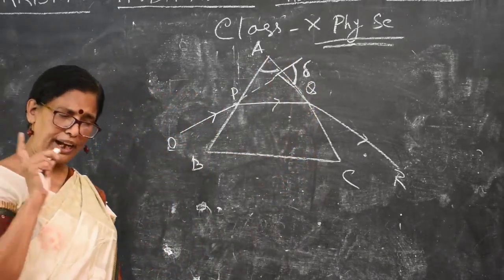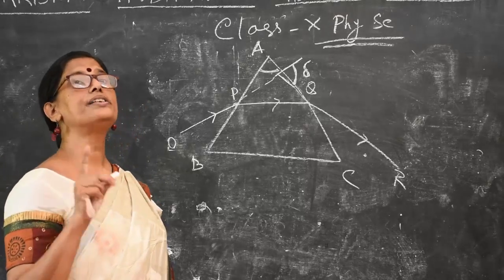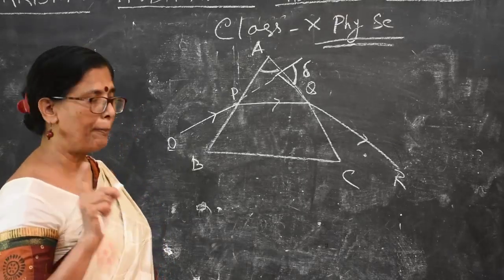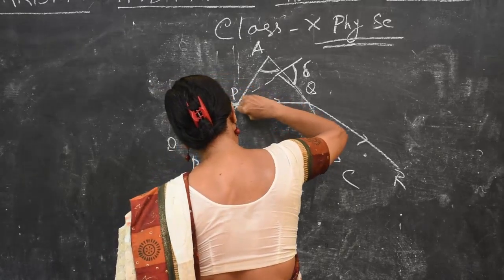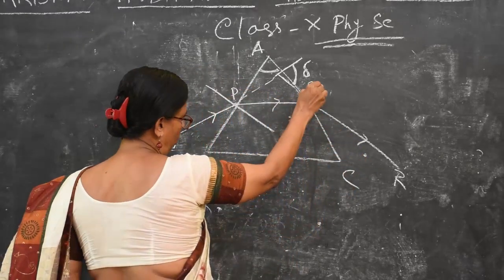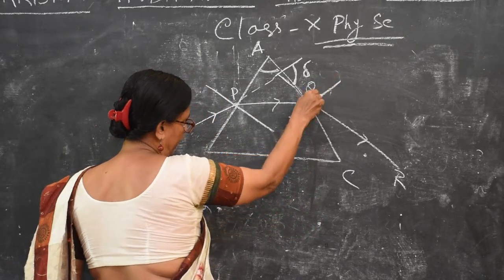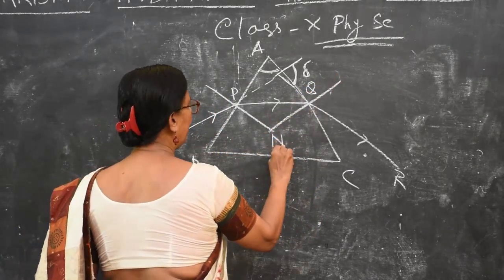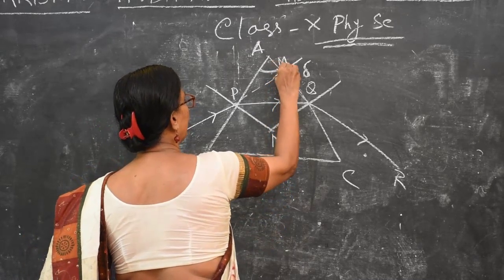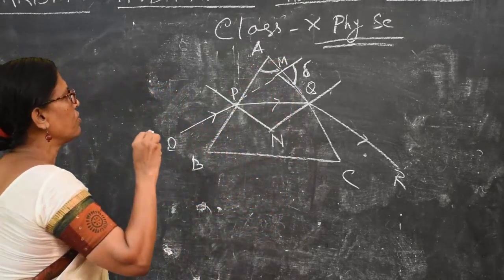Now here also this is the perpendicular. These meet at a point, and this meeting point is declared as N. So please see this.